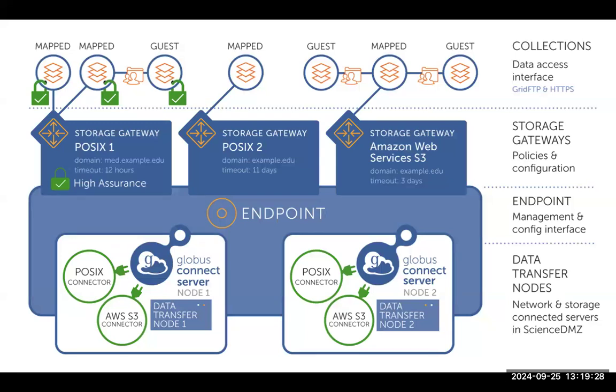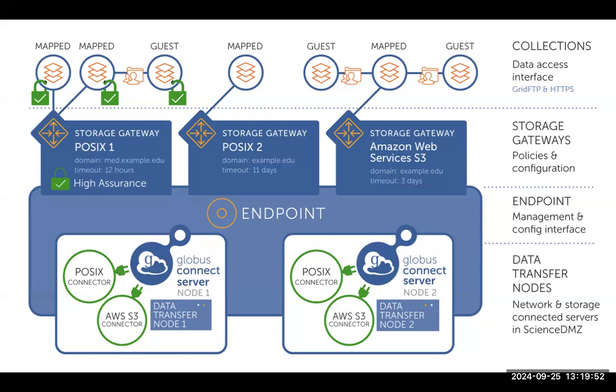All right, so moving to the top, collections. So everything that we've seen so far, the endpoint and the storage gateways, are sort of internal to the configuration of a Globus Connect Server endpoint. When you create a collection, it's something that the users can actually interact with. There are 2 types of collection. There's the mapped collection and the guest collection.